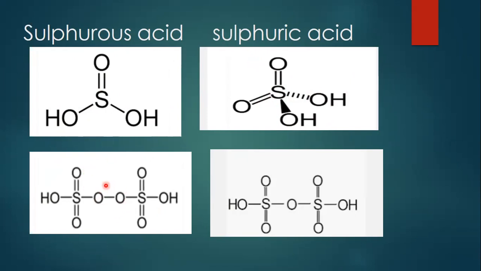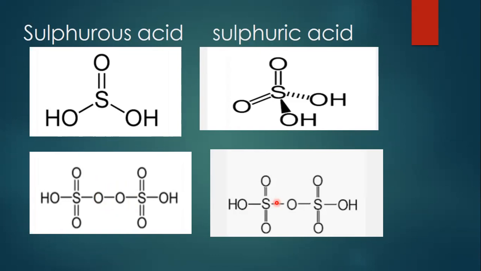Why is it called peroxo? Because here a peroxide linkage is there. Oxygen is joined by a single bond and it is called a peroxide linkage. So it is called peroxo disulfuric acid and its molecular formula is H2S2O8. The other structure is H2S2O7 and it is called pyrosulfuric acid.